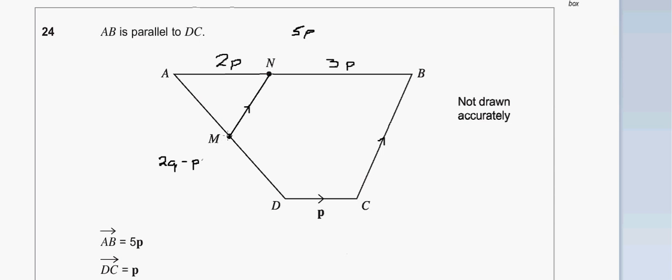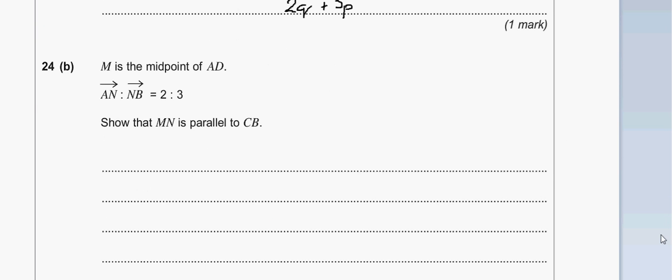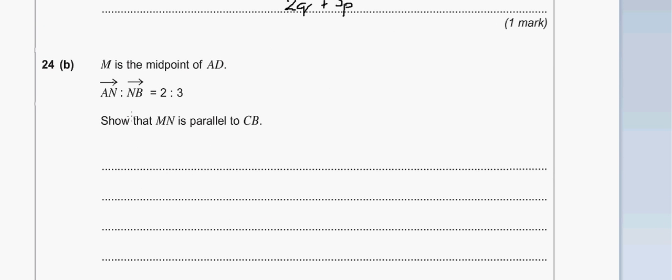Now M to N, I can't go directly to it, so I have to take this route here. Now M is the midpoint, so it's going to be half of this. So half of 2q minus p would be q minus half p.